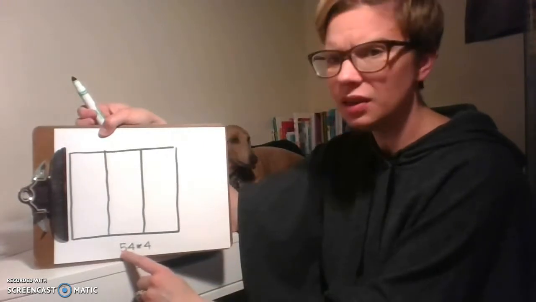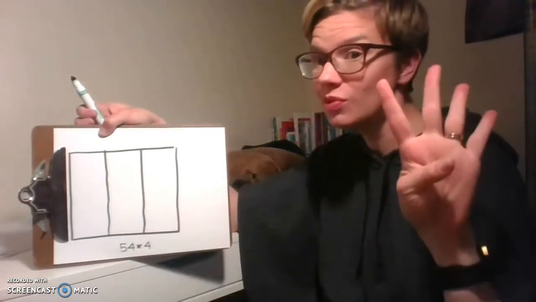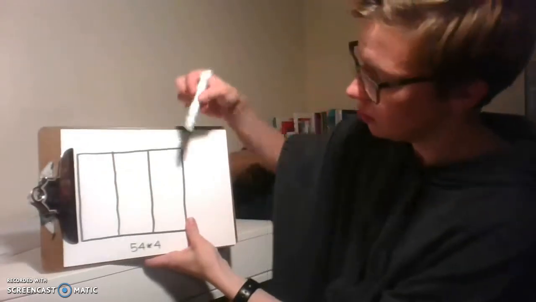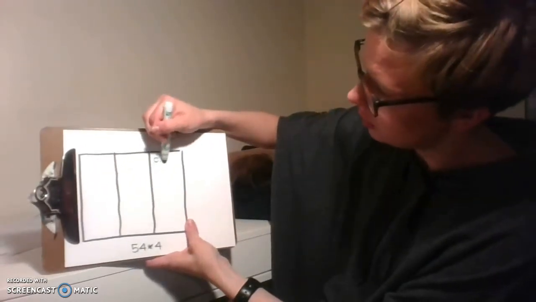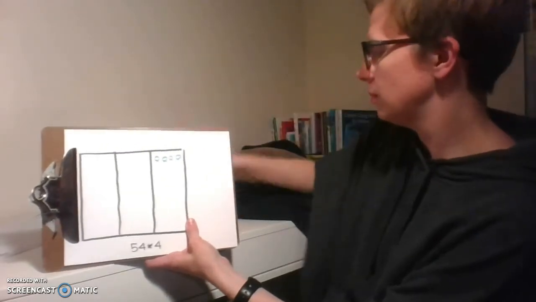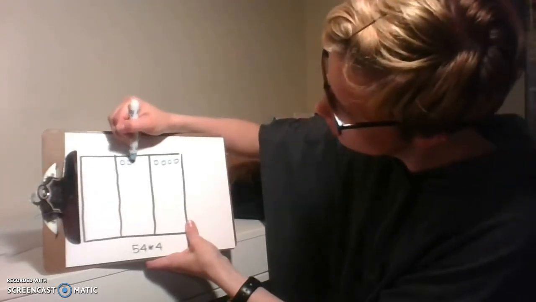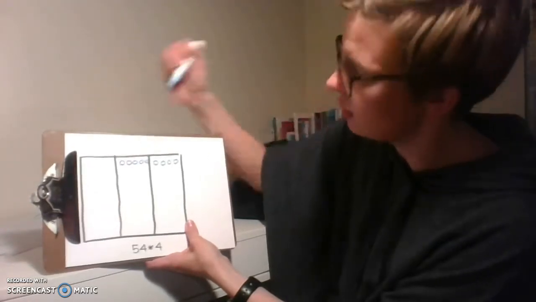In unit form, 54 is how many tens? That's right, 5 tens. And how many ones? 4 of them. So I'm going to go ahead and do 1, 2, 3, 4 ones. And 1, 2, 3, 4, 5, 10.